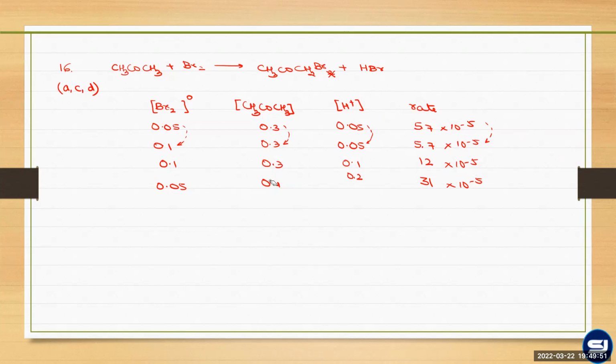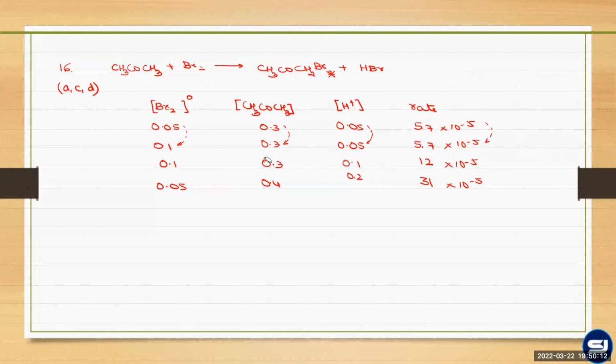But bromine का change doesn't affect the rate because it is already confirmed to be zero order kinetics, ना? So the H plus... calculation will become a bit tedious. It's like a first order, I mean, more or less.